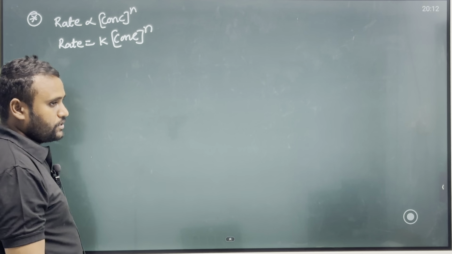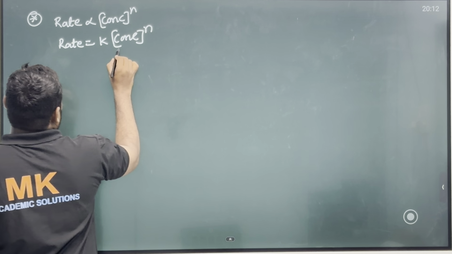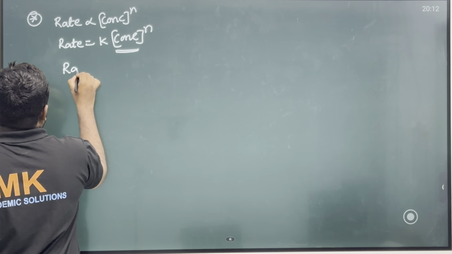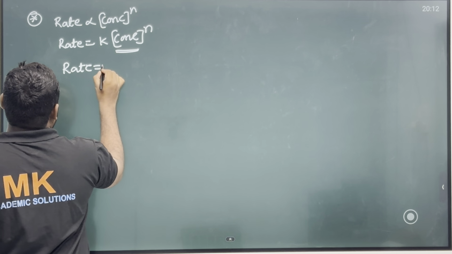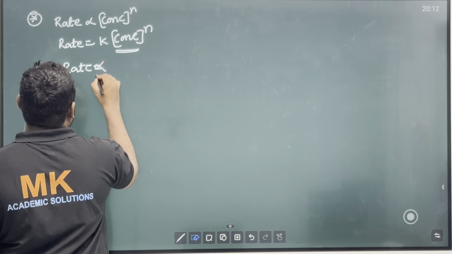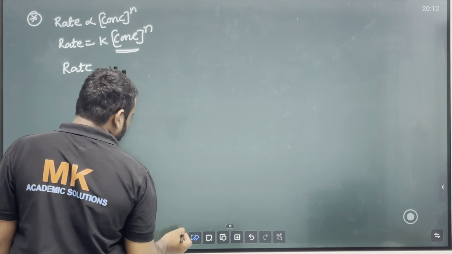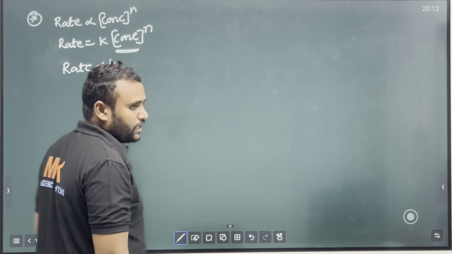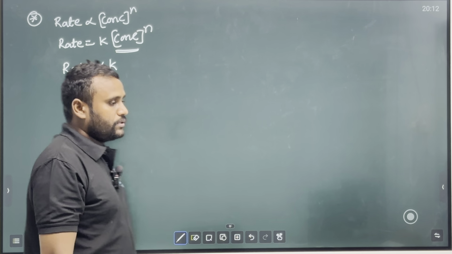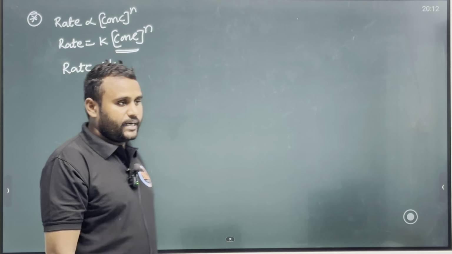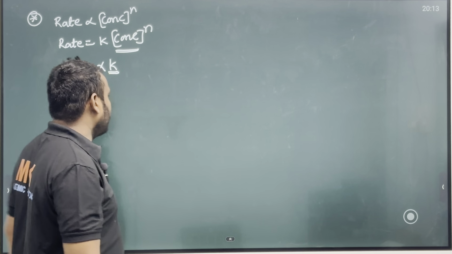If we consider concentration to the power n as constant, the rate is proportional to K, which means if K increases, the rate also increases. So what is K here? K is known as the rate constant.